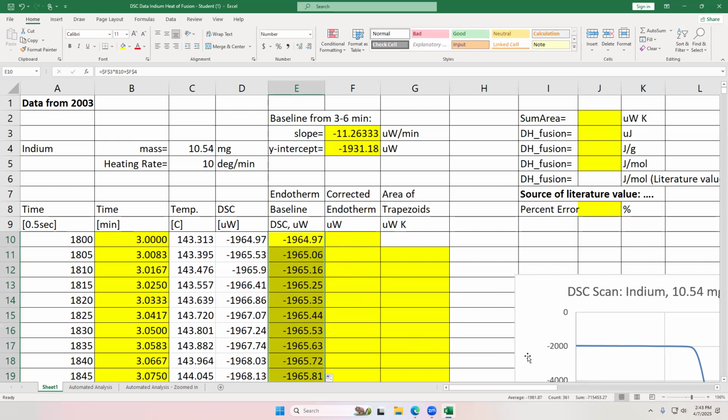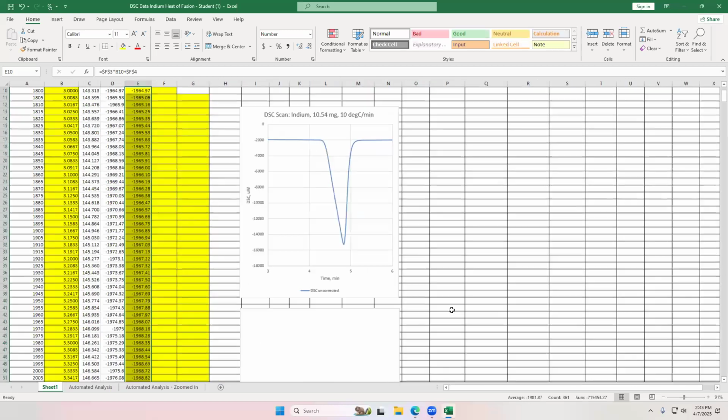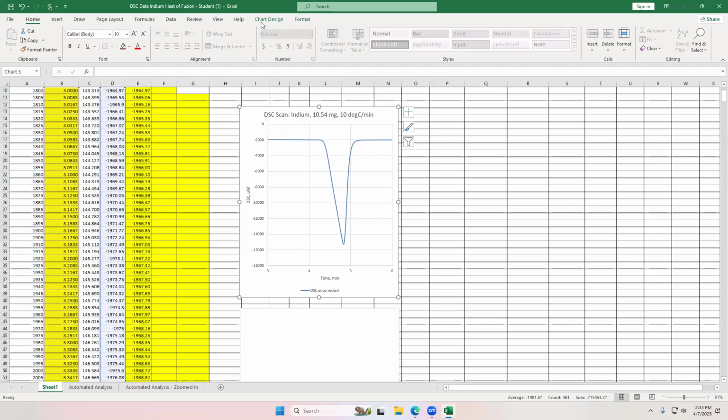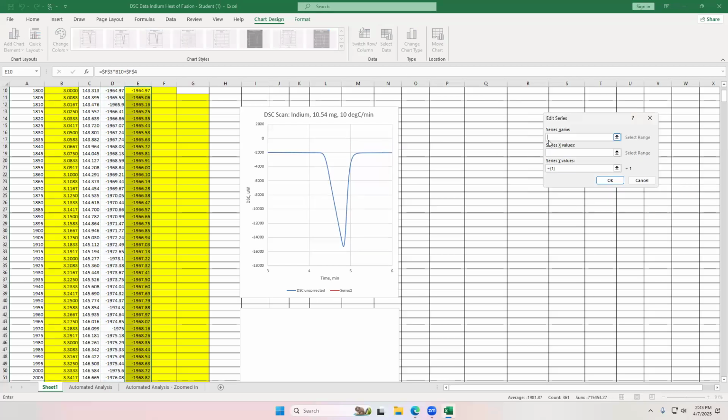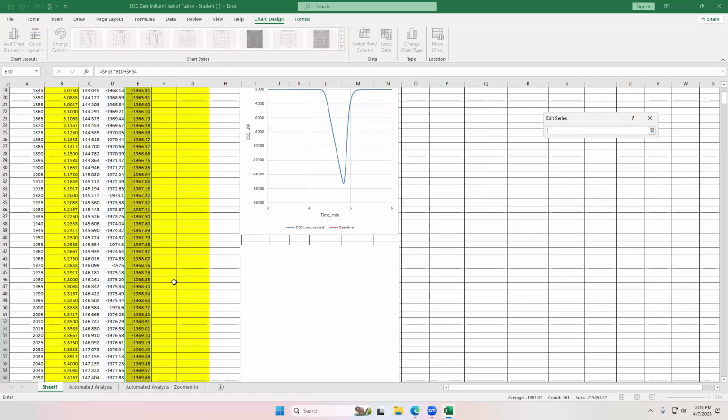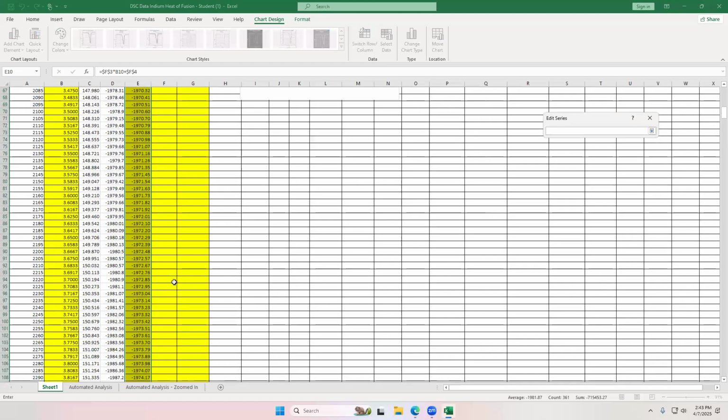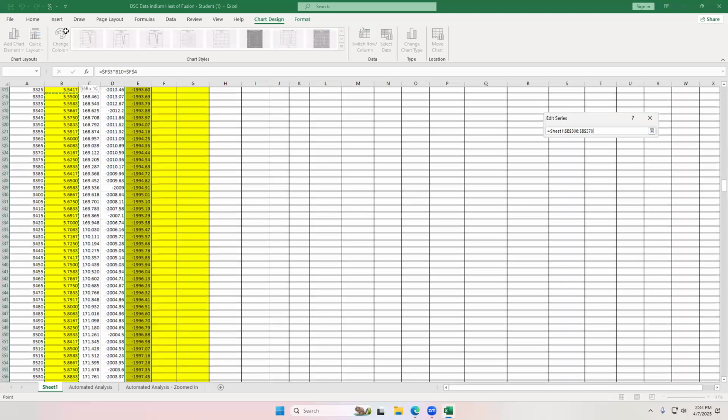And let's add that to our chart. So here I'm going to chart design, select data. I'm going to add the baseline. And my x values are going to be the same, right? 370. So x values would be time from B10 through B370.